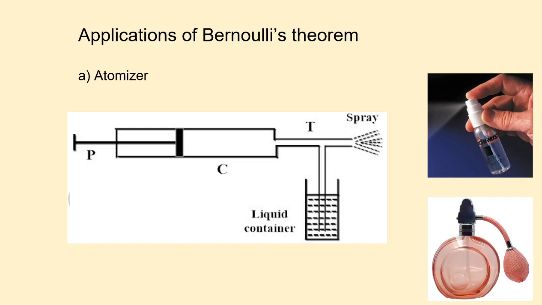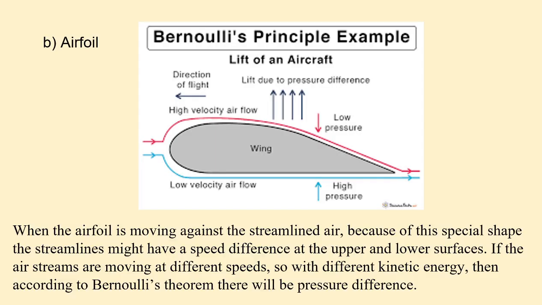So let us come to the next application, that is the airfoil. An airfoil is a special shape of solid objects which produces a lifting effect or floating effect while moving in a streamlined fluid or air.